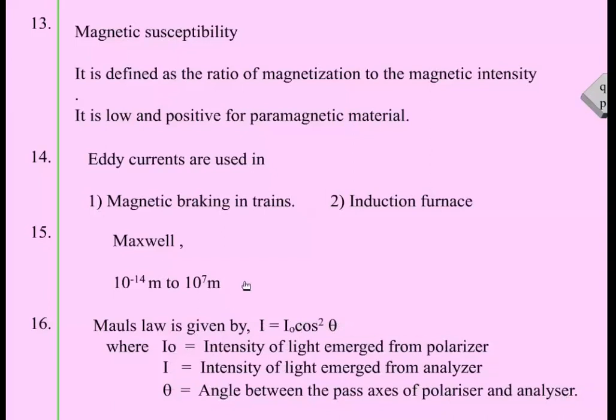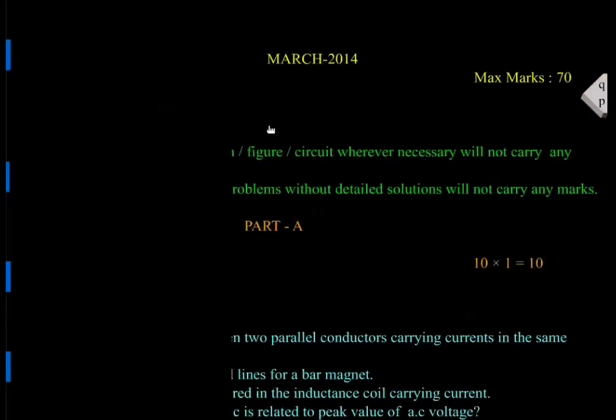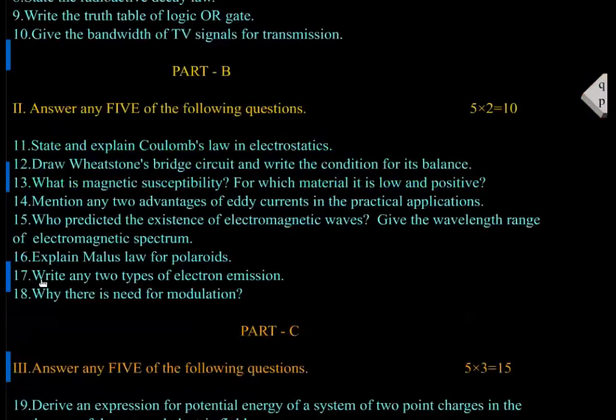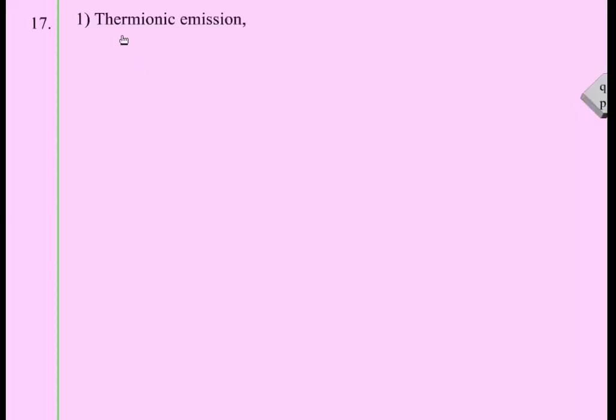So now the question number 17. Let us see what is 17. Look here, write any 2 types of electron emission. Look at number 1, thermionic emission, field emission and photoelectric emission. Look here, it is just enough to write any 2 emissions because it is a 2 mark question.